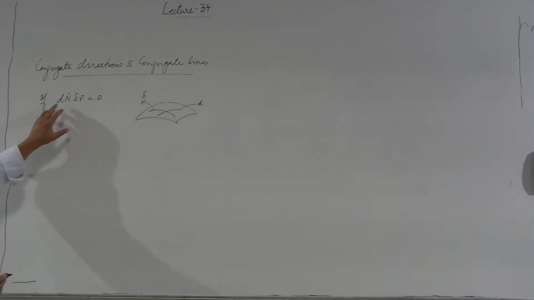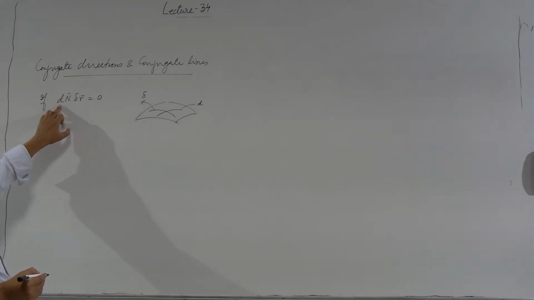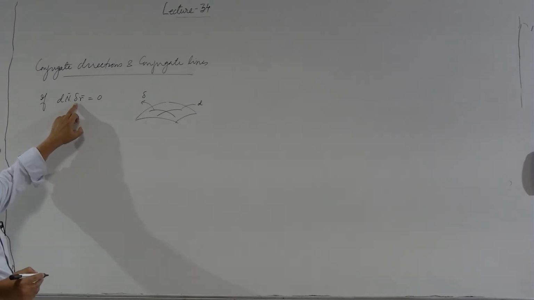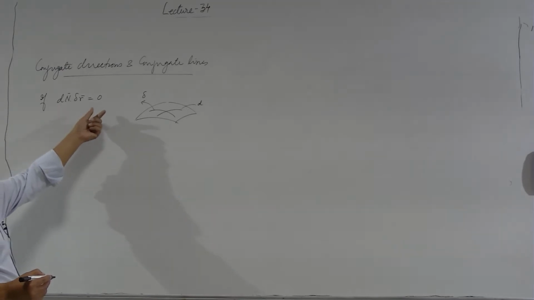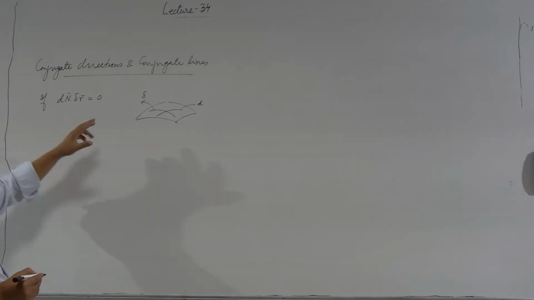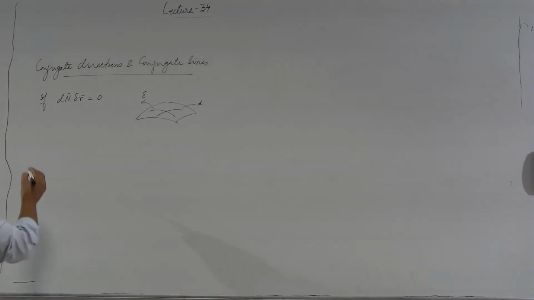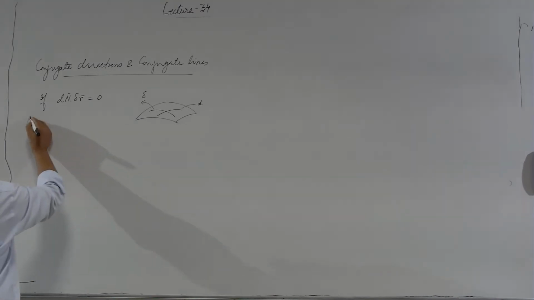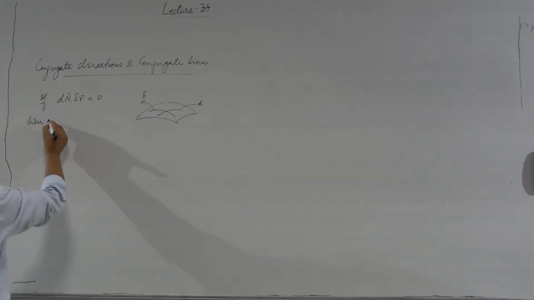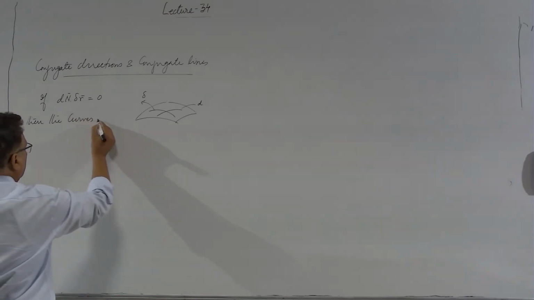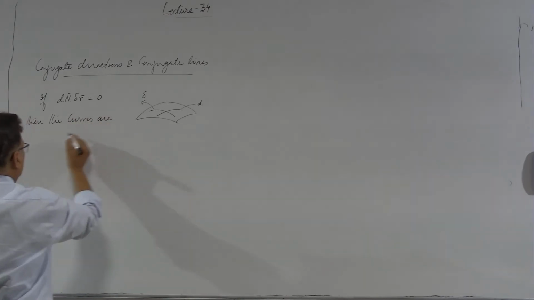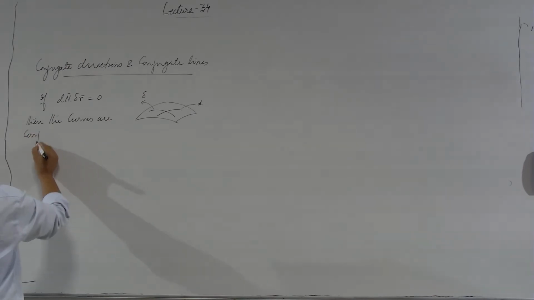so d is the differential operator along the first curve, delta is the differential operator on the second curve, then dn dot delta r equal to 0 means that the two curves are conjugate to each other.